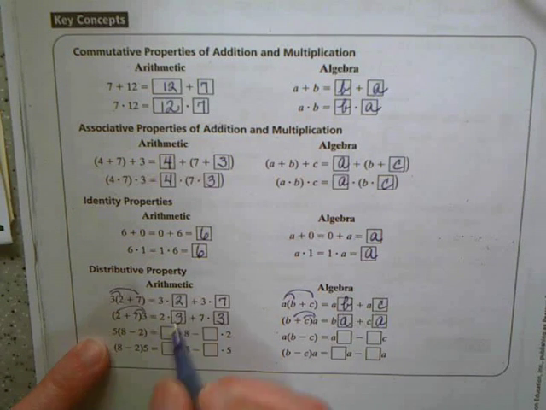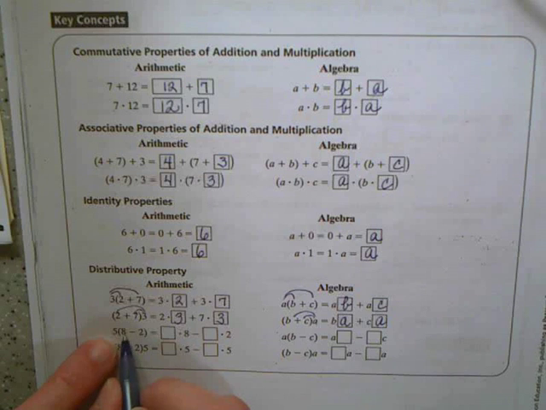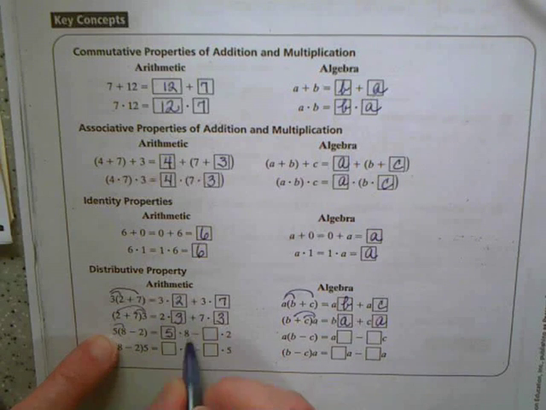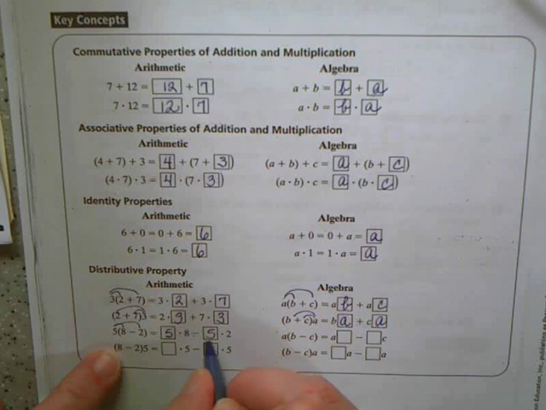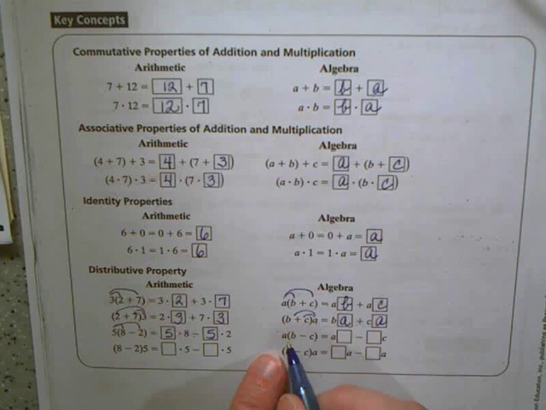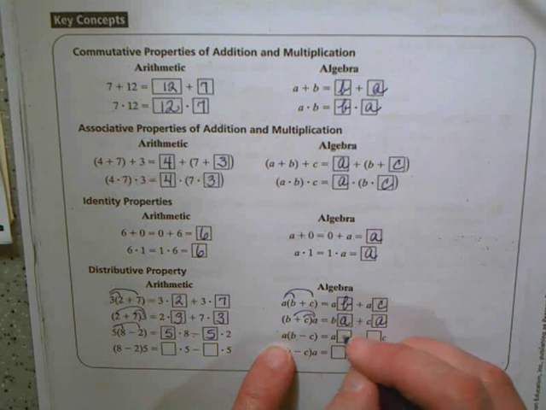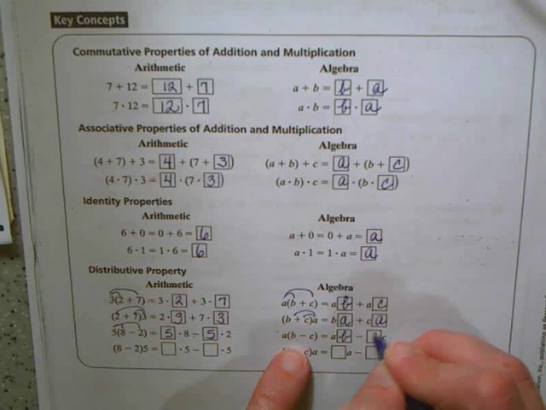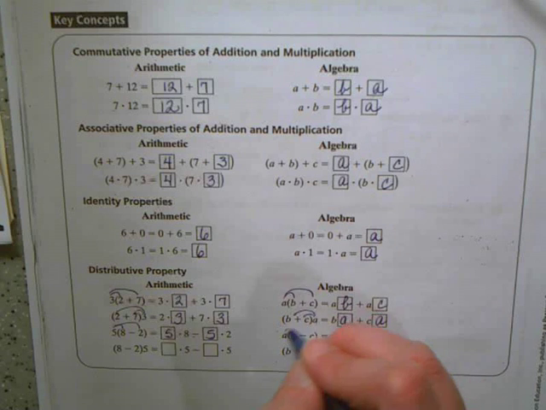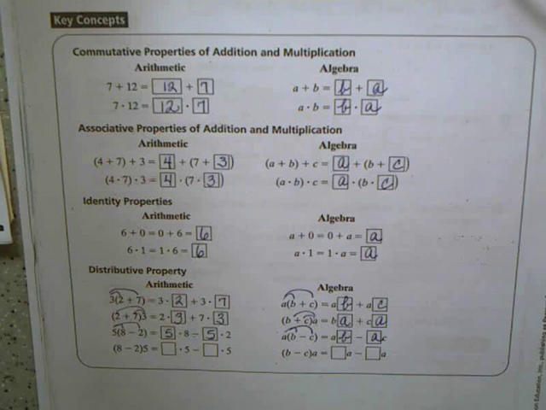So I could say 5 times the quantity 8 minus 2 gives me 5 times 8 minus 5 times 2. Algebraically, a times the quantity b minus c gives me a times b minus a times c. Again, the a being distributed to each term in there.